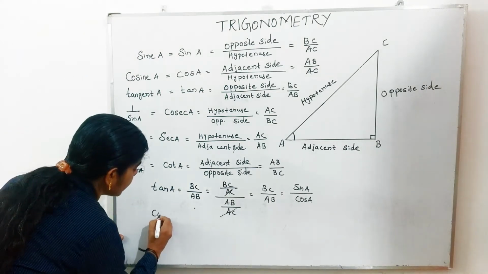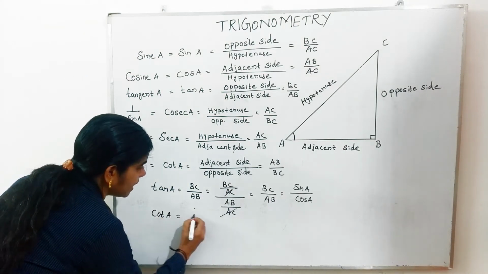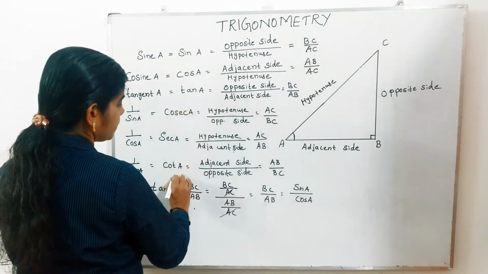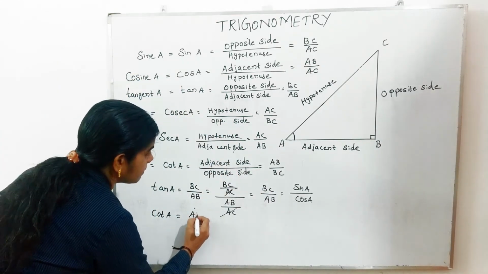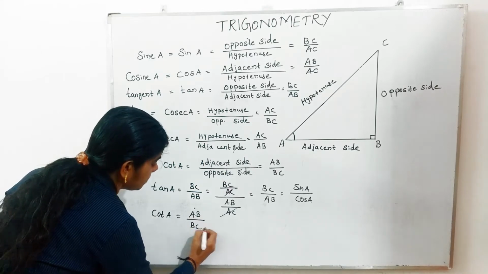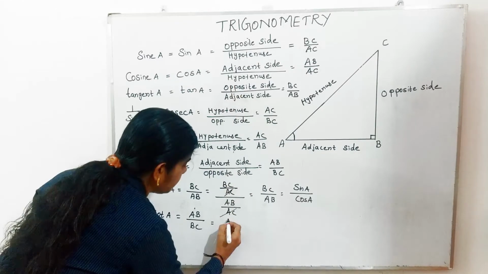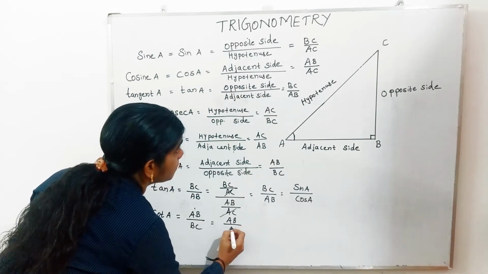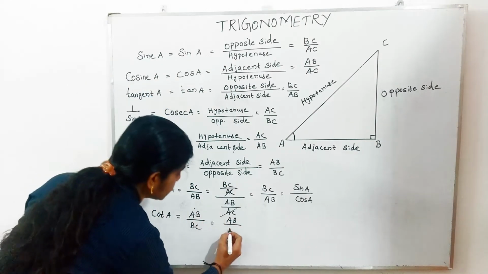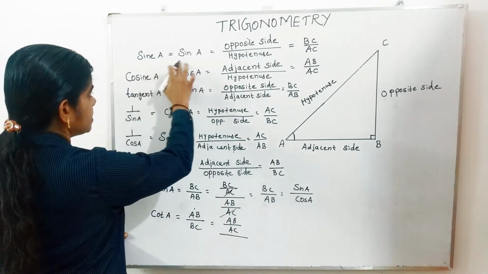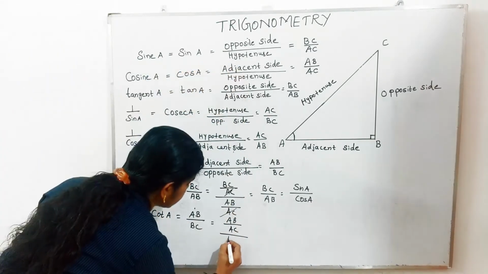Again, cot A is equal to, again, what is cot A? AB by BC. Here, we want to take cos A first. AB coming first, AB by AC, divided by sin A, which means BC by AC.